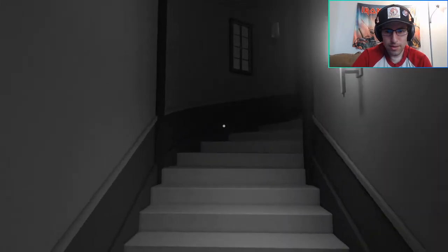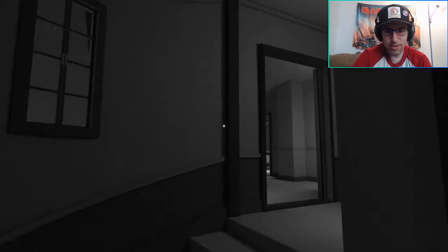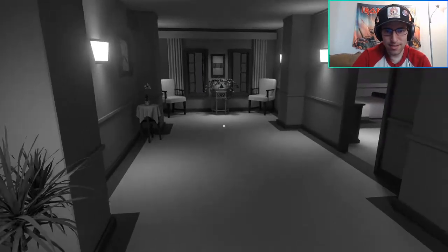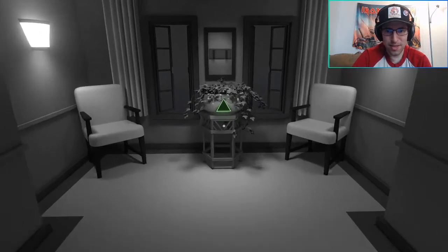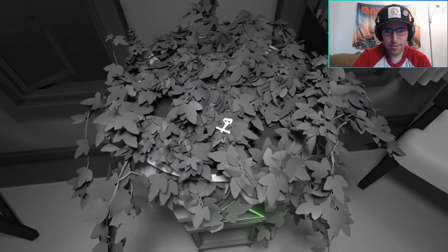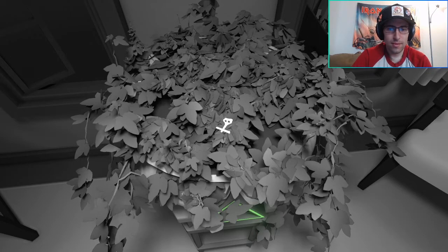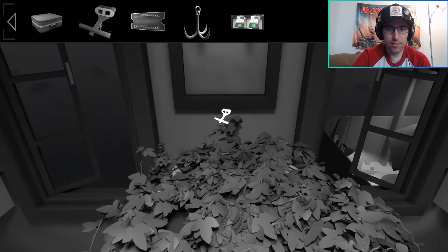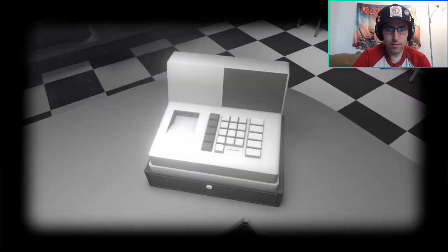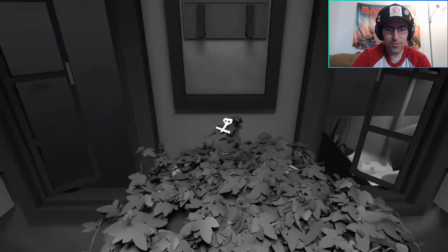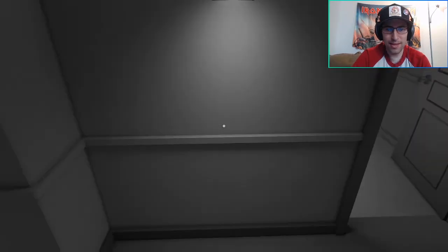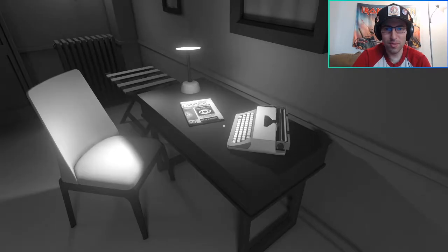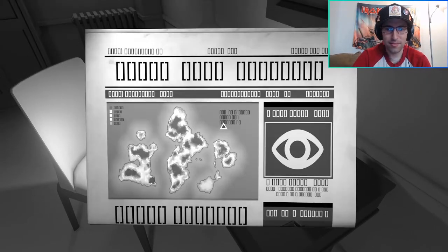Why does this thing have to be so confusing? It leads me to something and then doesn't lead to anything else. What am I supposed to do with that? Now it's telling me to use the viewer again. Yeah, I know about the cash register, but I can't open the damn thing, and you're not telling me why I can't open the damn thing.